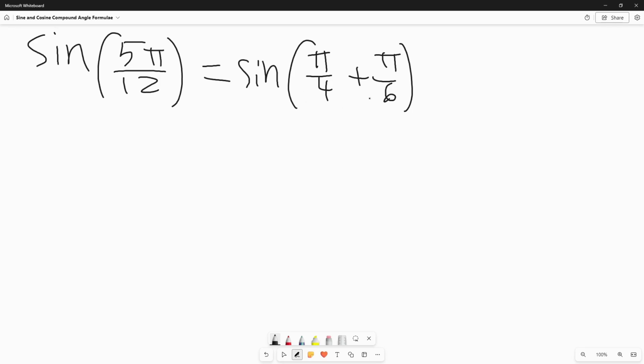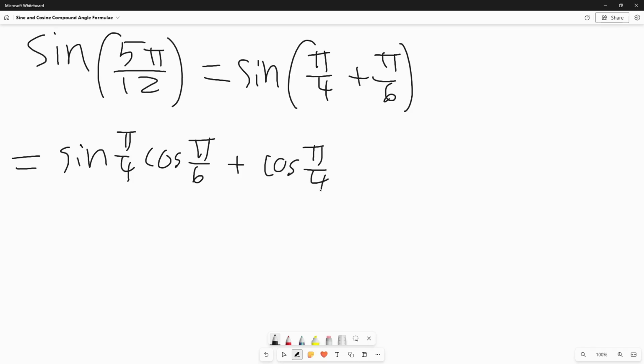And since both of these values are on your unit circle, you can simplify this very easily. So we can say this is equal to sine pi over 4 times cosine pi over 6 plus cosine pi over 4 times sine pi over 6.